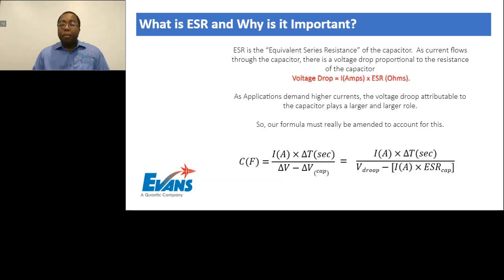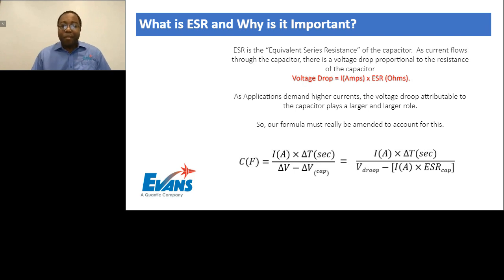Now, let's talk about the importance of ESR. As previously mentioned, the capacitor's ESR, the equivalent series resistance, is a critical component to take into consideration, particularly in high current applications. ESR contributes to the voltage droop, which has a direct impact on how much capacitance is needed.